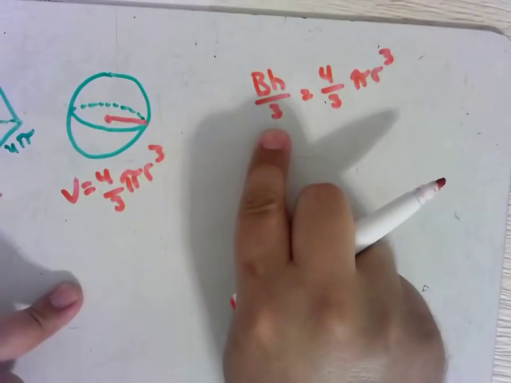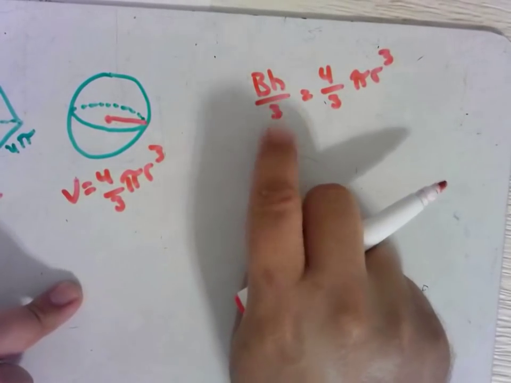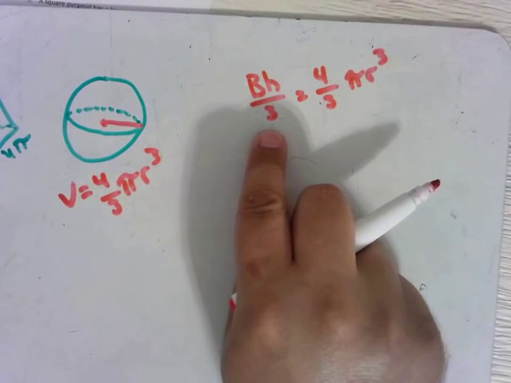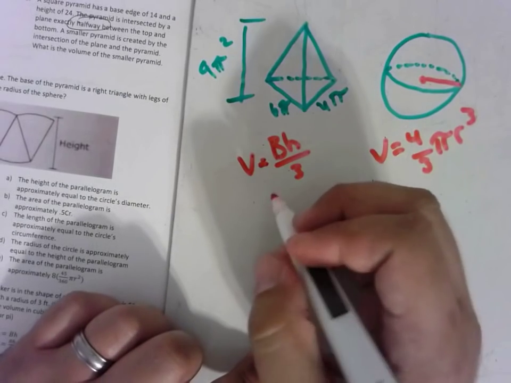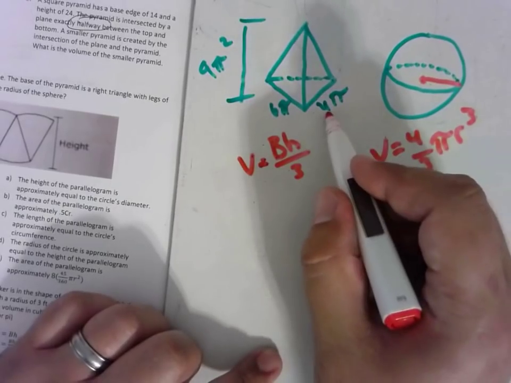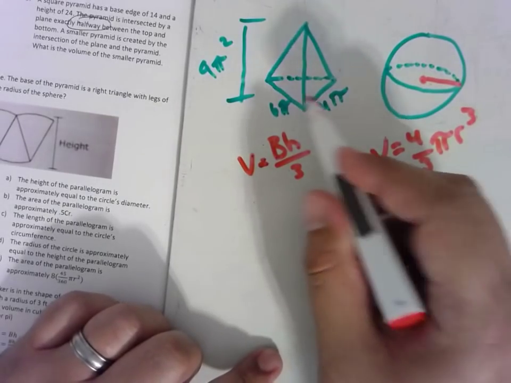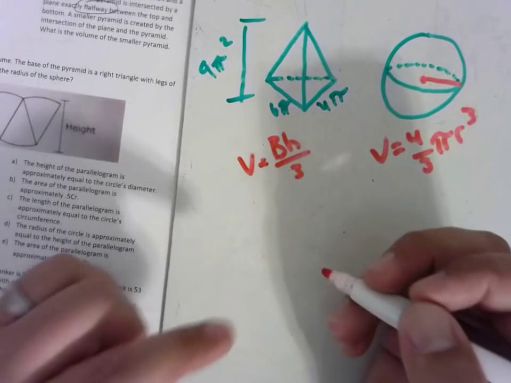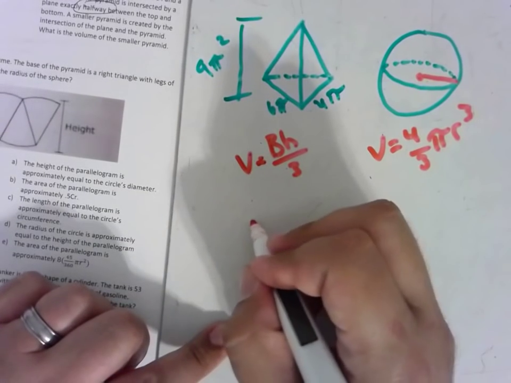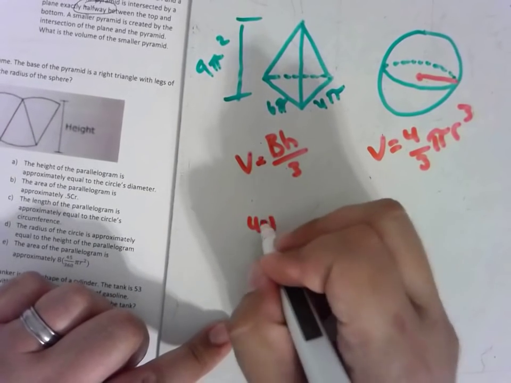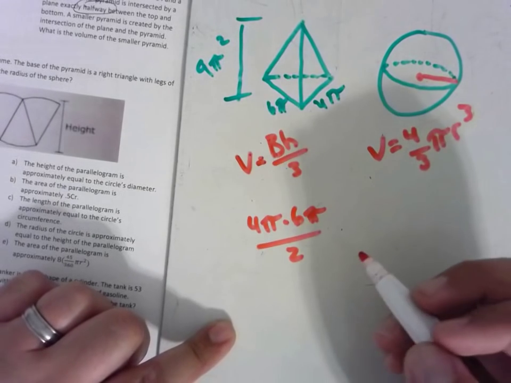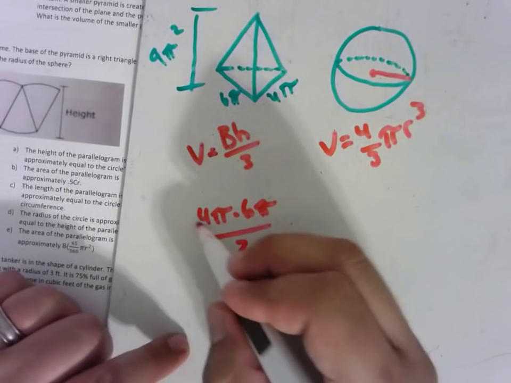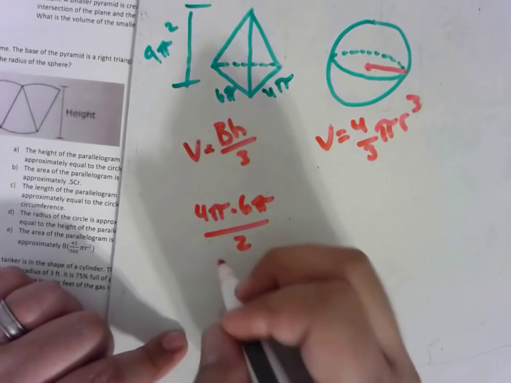Now, this is the triangular pyramid. I can find out stuff about this guy. The volume is actually area of the base, so it's area of a triangle, 4 pi times 6 pi divided by 2. I can actually multiply this out.